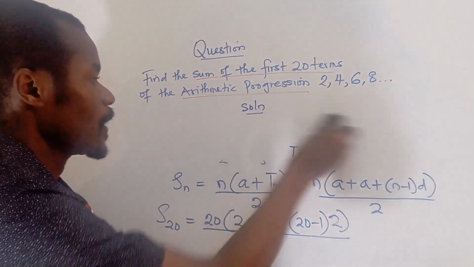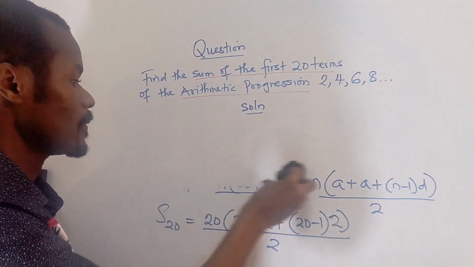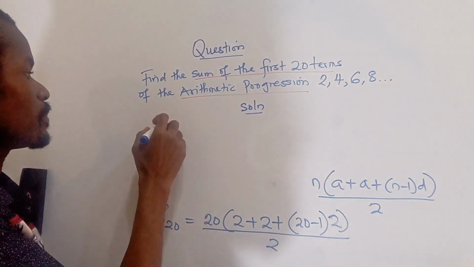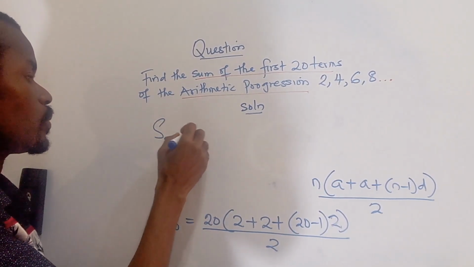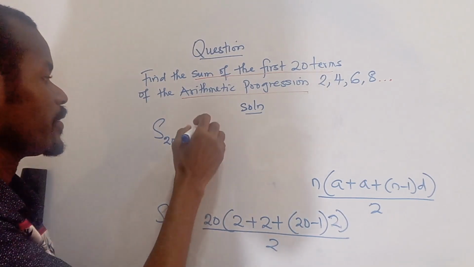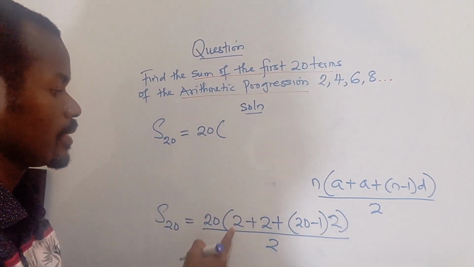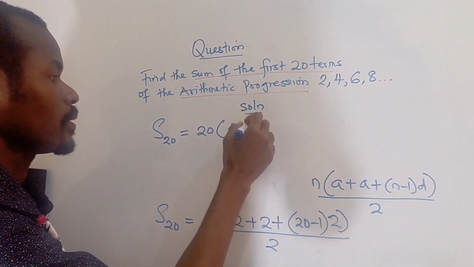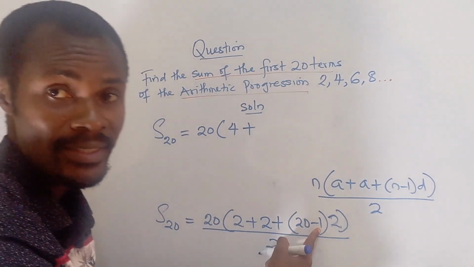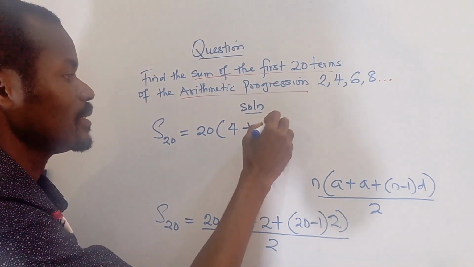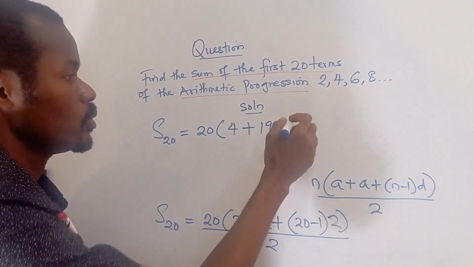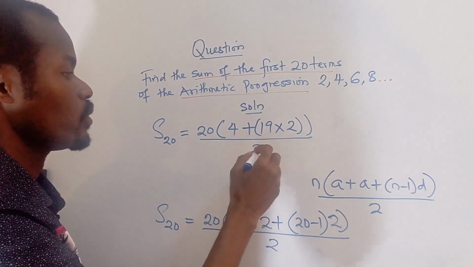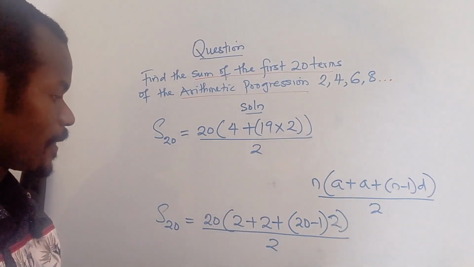Now we can simplify this further to arrive at our answer. So our sum of 20 terms is going to be 20 here, bracket, this is 2 plus 2, which is 4, plus 20 minus 1 is 19, so we have 19 multiplied by 2, all divided by 2.